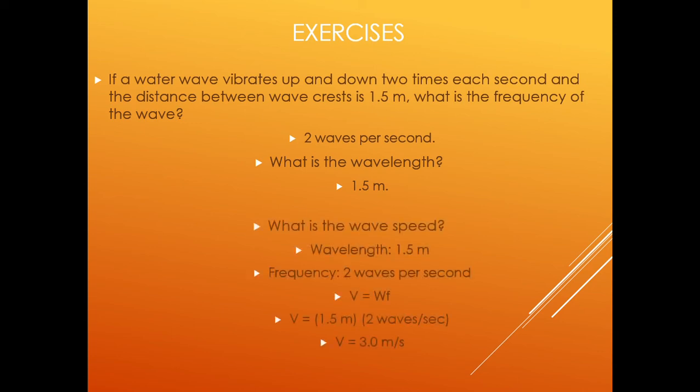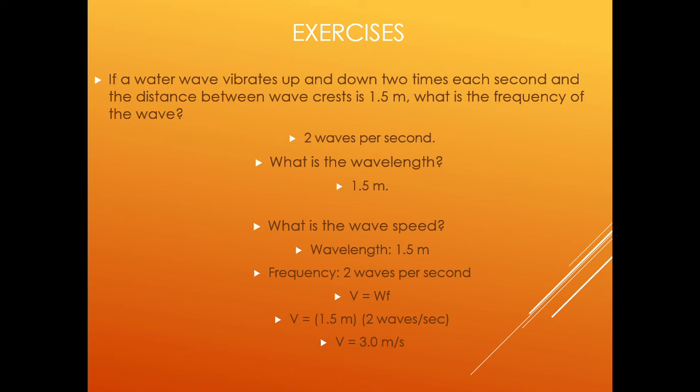Something very simple. And lastly, what is the wave speed? Something very important is that you have to list the givens from the problem. What information do you have that will help you find what they're asking for? So the givens that we have are first our wavelength, which is 1.5 meters, and our frequency, which is 2 waves per second.